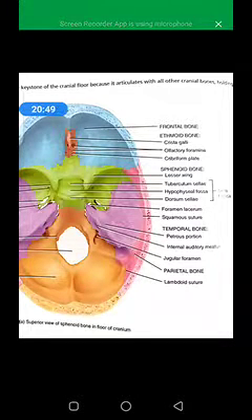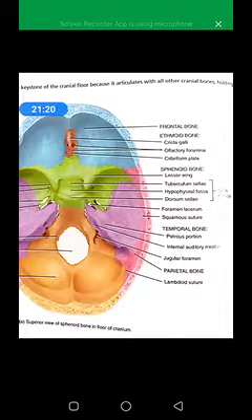Now see, there is the foramen lacerum, and the squamous suture connecting the parietal and temporal bone. Then there is the temporal bone, the petrous portion, internal auditory meatus, and jugular foramen. Then there is the parietal bone and the lambdoid suture connecting the parietal and the occipital bone.